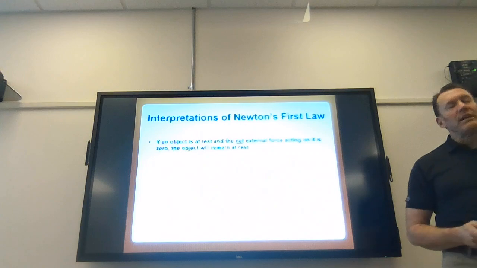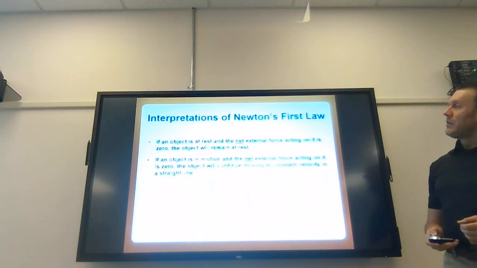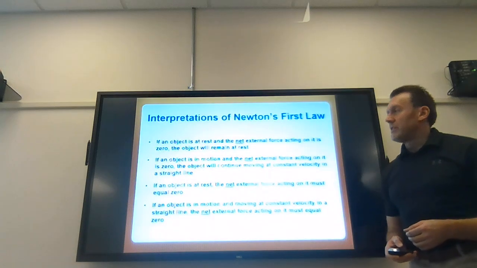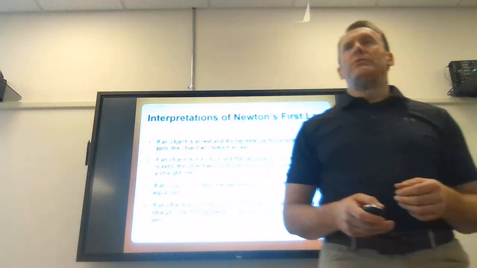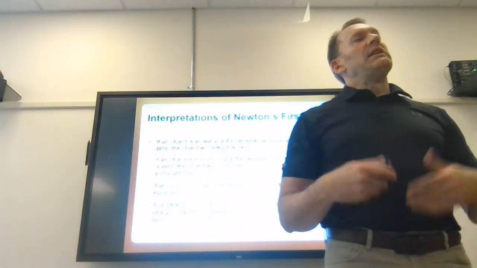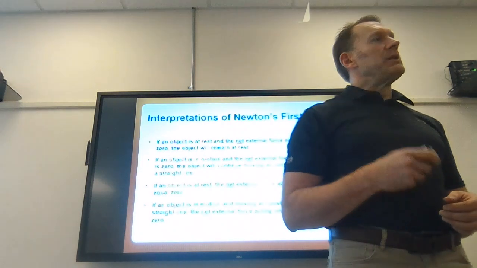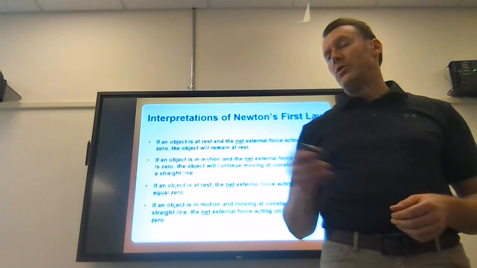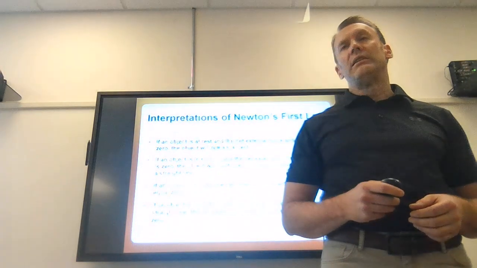So several different ways of interpreting Newton's first law. I've listed 4 of them here, but basically it all comes down to if the net force is equal to 0, an object will stay at rest, or if it was already moving, it will continue to move at a constant velocity.